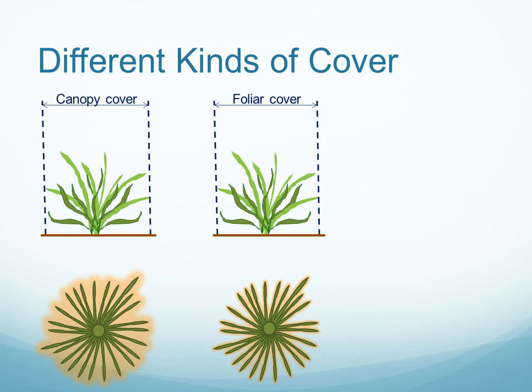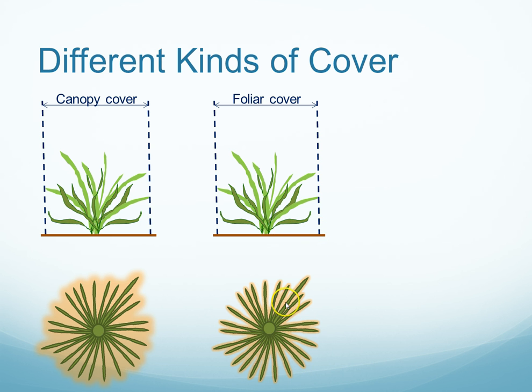Here we see the same plant, but with foliar cover, we're interested in the amount of cover that is provided only by the leaves or the foliage of the plant. So again, you can see that the overall spread of the foliar cover, the width of the cover, is about the same.